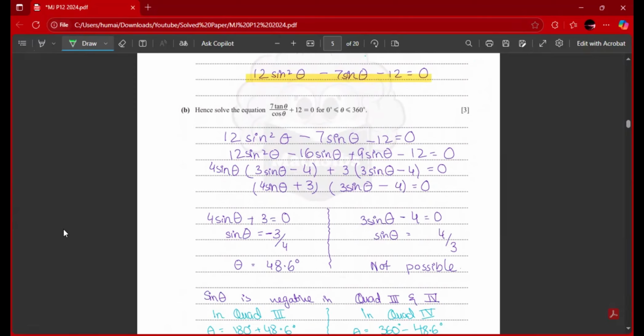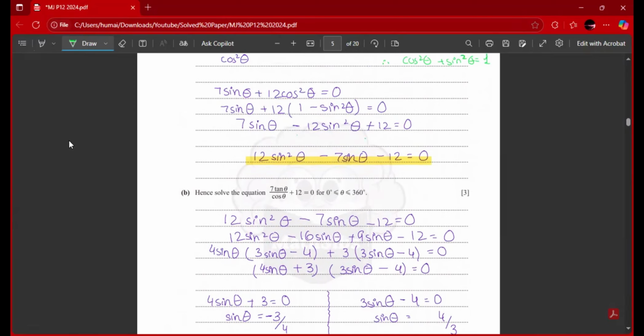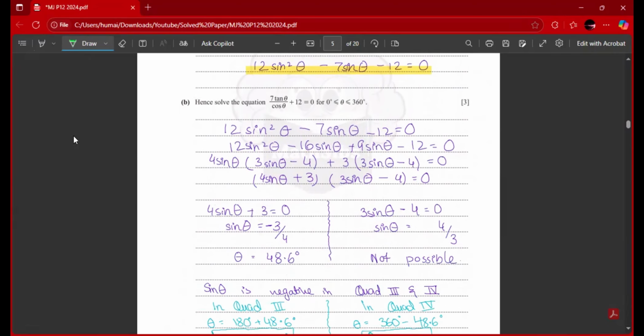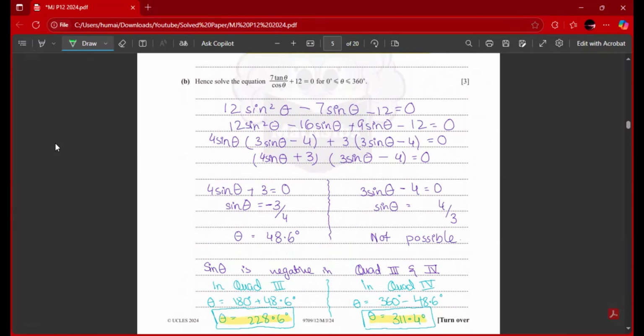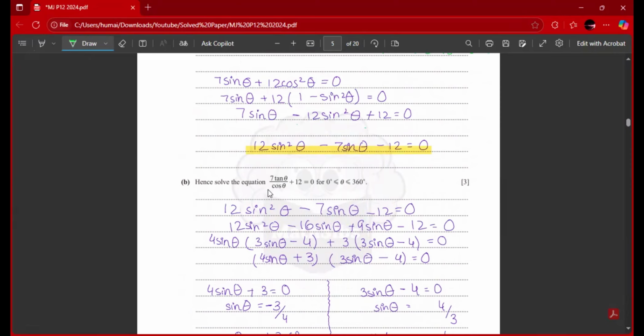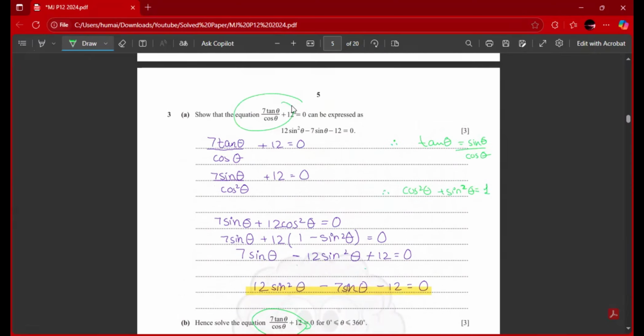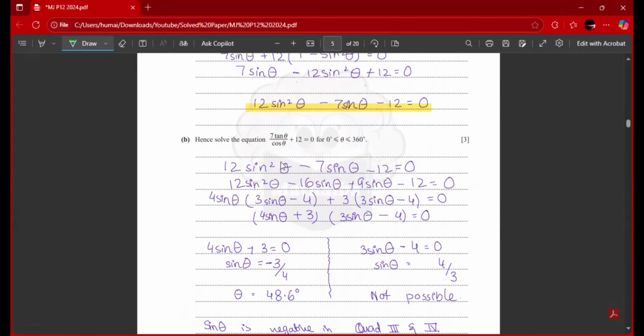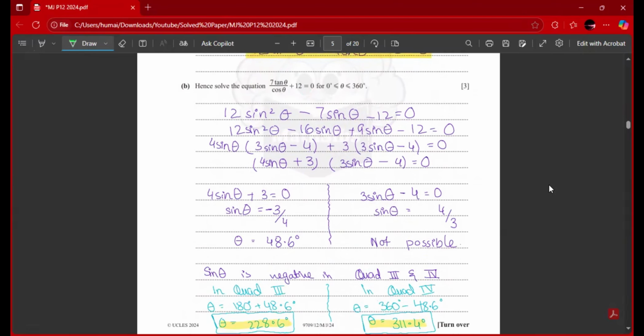Part B. We have to solve this equation and find the solution for theta. Quite easy if you know how to do it. So actually, this part is same as the above part, and we just proved that it could be equated to this equation. So we just write the equation. Now everyone knows in chapter 1 of our book, we have learned about how to solve quadratic equations.